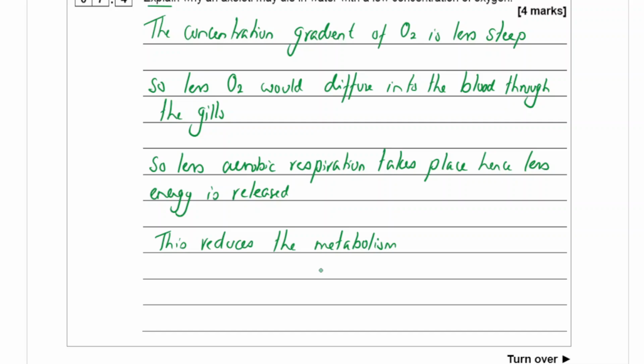Now you might think, oh, hold on, if you're talking about aerobic respiration and less energy being released, can we talk about anaerobic respiration? Yes, you can, right? You could say, instead of the fourth point, you could say this point.